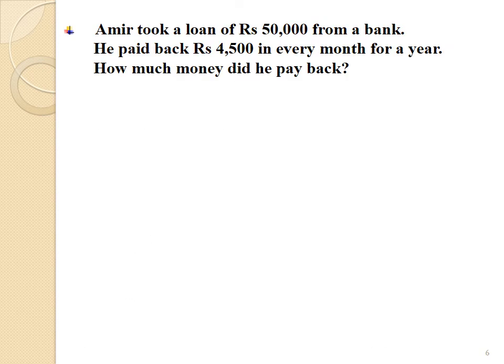Now, sum number 5. Amir took a loan of rupees 50,000 from a bank. He paid back rupees 4,500 every month for a year. How much money did he pay back? Students, in this question, we have to find out the money paid back by Amir in 1 year.